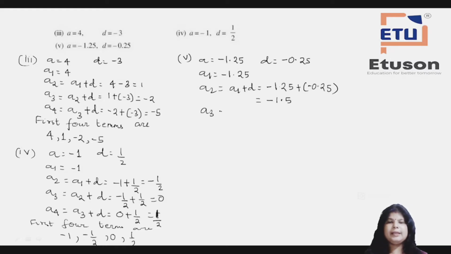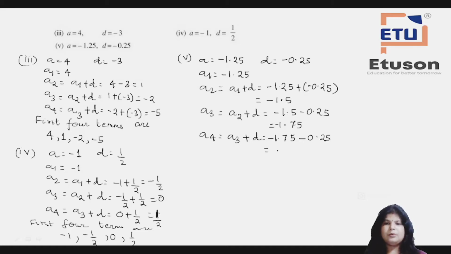Correct. What is A3? A3 will be equal to A2 plus D, that is minus 1.5 minus 0.25. So that is equal to minus 1.75. Correct. What is A4? A4 will be equal to A3 plus D, that is minus 1.75 minus 0.25. So that is equal to minus 2.0.